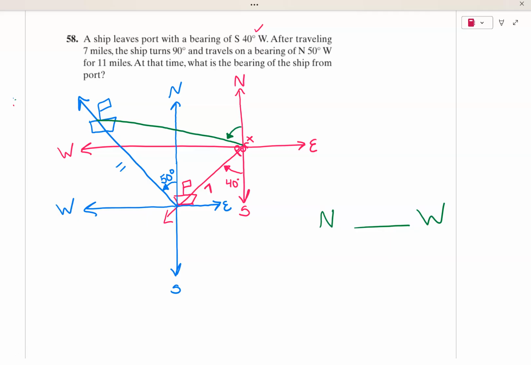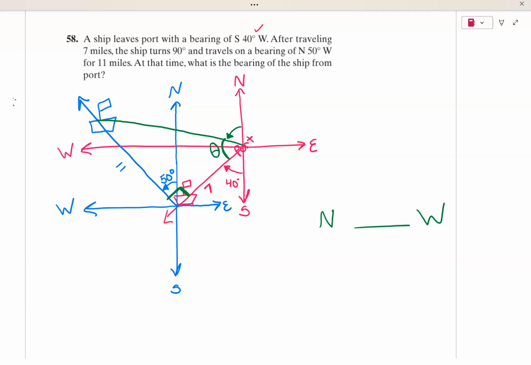So let's try to figure out and see what we got going on. Notice we have a triangle. This is 90 degrees.